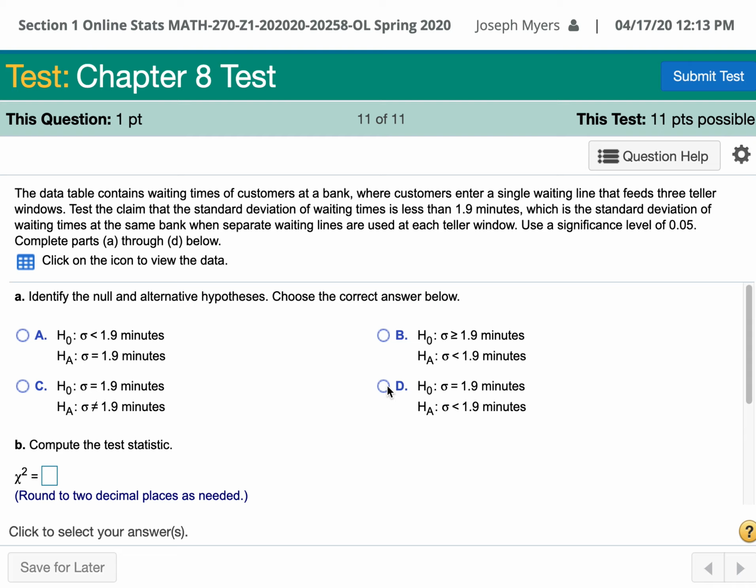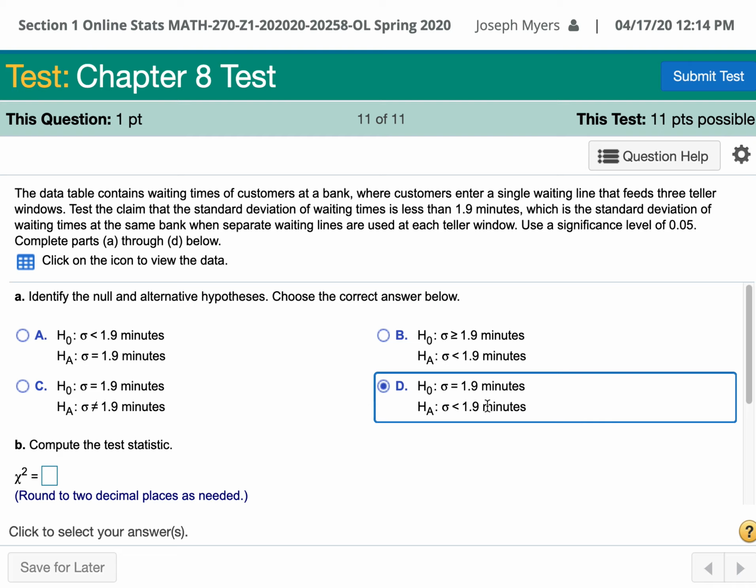So let's see. The null hypothesis is that it's equal to 1.9 minutes, but the alternative hypothesis is that the standard deviation is less than 1.9 minutes. So that's going to be the correct hypotheses. Now, by the way, some textbooks will actually show you that B can also be an option, but in this textbook, they only allow you to use just an equal sign in the null hypothesis.